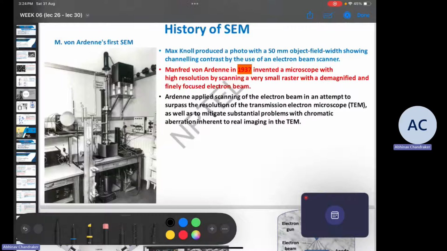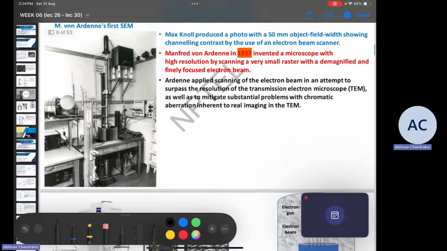Now, the SEM was actually constructed, interestingly, after TEM. It was constructed by Ardenne in 1937, and basically it used the same probe which is used in TEM, but it did scanning of a thick specimen instead of transmitting it through a thin specimen.